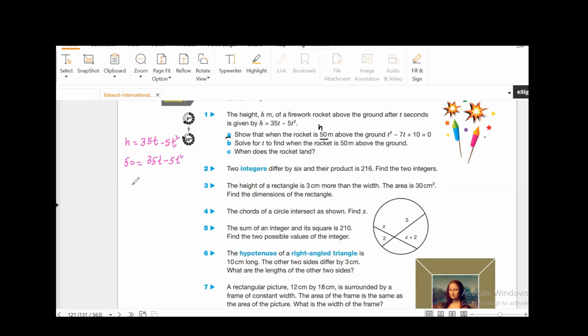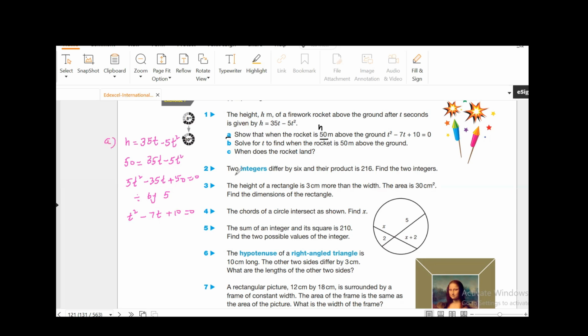We rearrange by taking the right side value to the left. It would be 5t squared minus 35t plus 50 equals 0, and we know that all terms are divisible by 5. Dividing by 5, we have t squared minus 7t plus 10 equals 0. So this is the answer of part a.